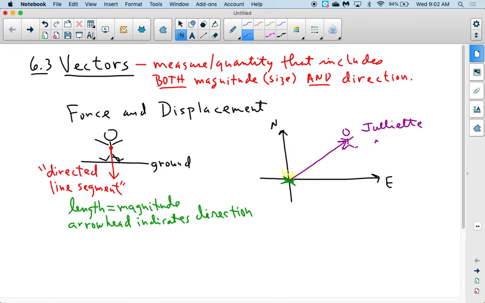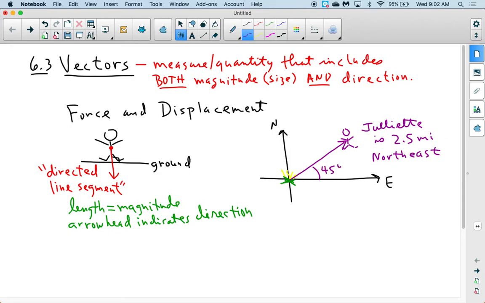Juliet is 2.5 miles northeast. Let's just make it easy here for the example. The northeast might indicate that she's at a 45-degree angle here.